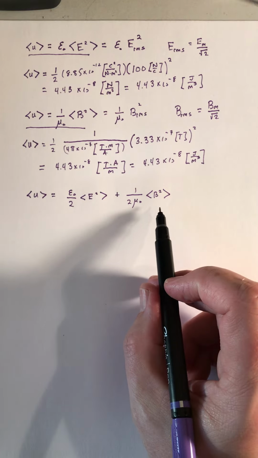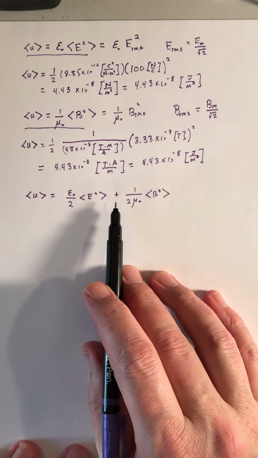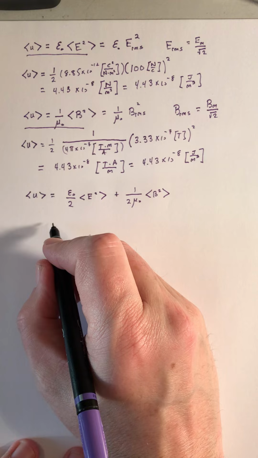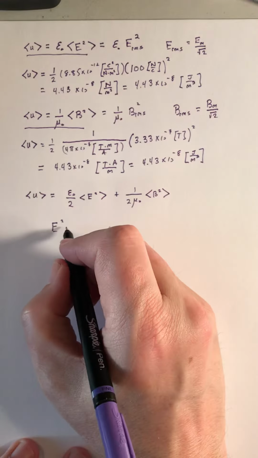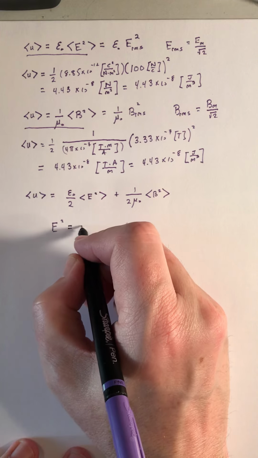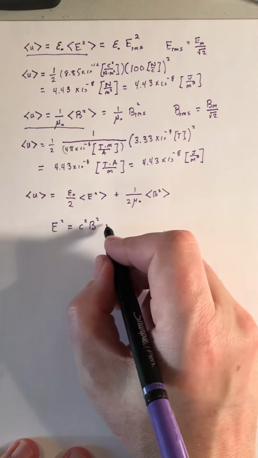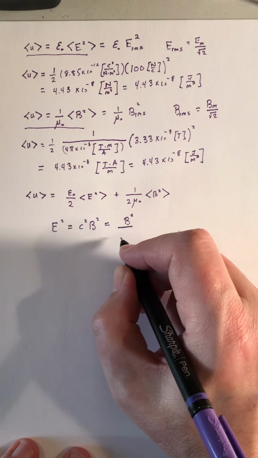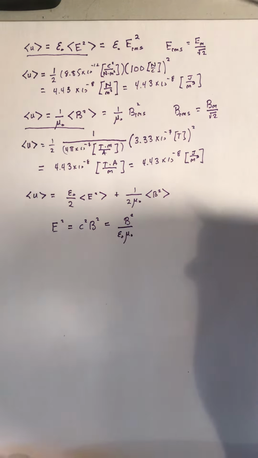And we can take this underlying relationship and use the fact that the electric and magnetic fields are not independent of each other. So we know that the electric field squared is going to be c squared times the magnetic field squared, and we know what the speed of light in a vacuum is. So that's B squared over epsilon naught mu naught.